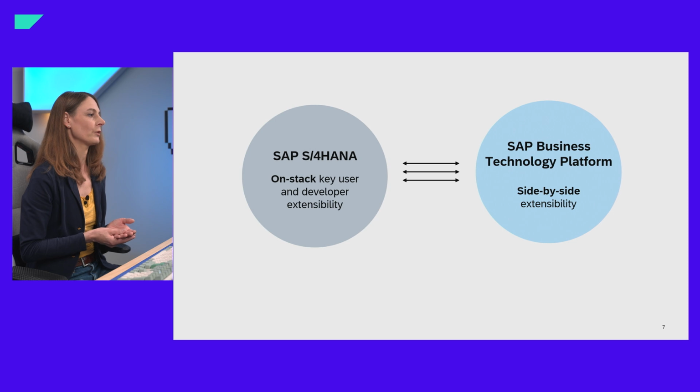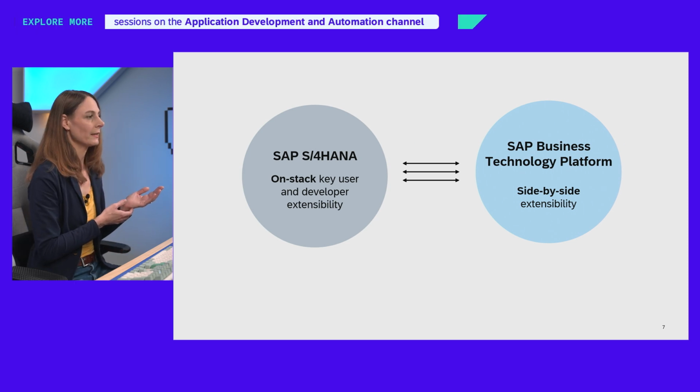Well, actually, we have 2 different options when we talk about extensibility. On the one hand side, we have the on-stack extensibility, which, as the name says, means that you run your extensions on your SAP S/4HANA stack, as the extensions are tightly coupled with your SAP S/4HANA data and transactions.